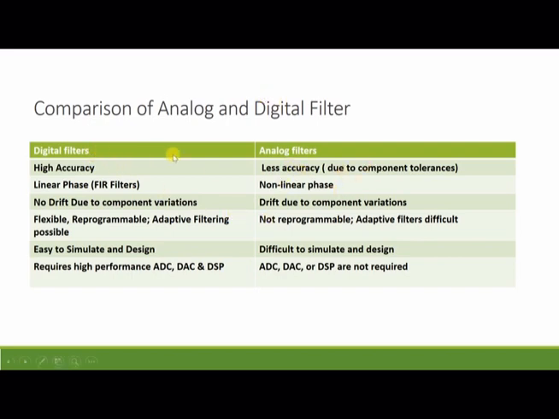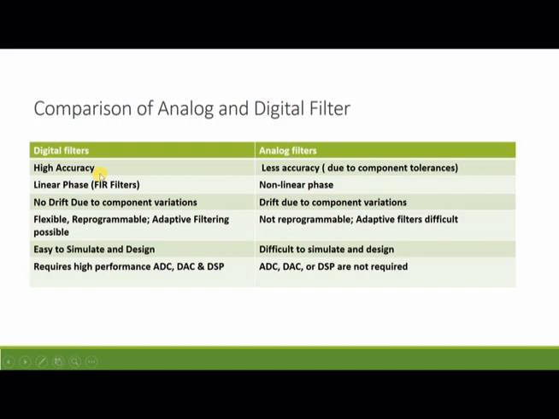So in comparison to analog filters, there are many advantages on the part of digital filters. Digital filters are far more accurate as compared to analog filters. In case of analog filters, since they make use of semiconductor components and the components have tolerances, the values of the components vary with respect to temperature, humidity, or also due to the aging factor.